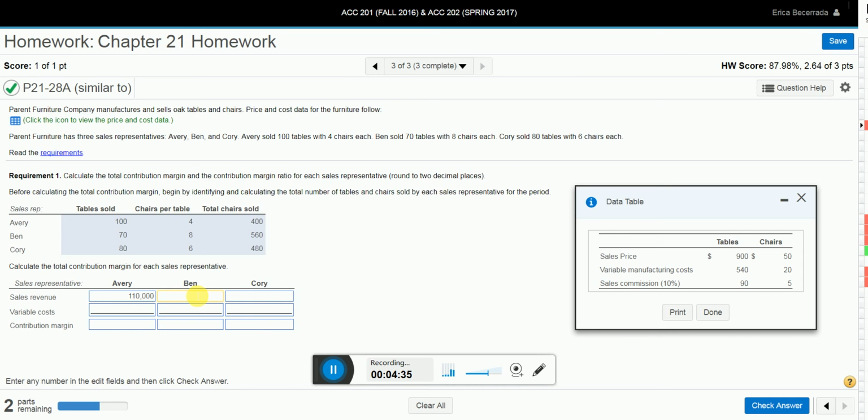So we know that Ben sold 560 chairs. Multiply that by 50. We get 28,000. So we're going to add the 63,000 from the tables to the 28,000 from the chairs, and we get 91,000 in total sales revenue.